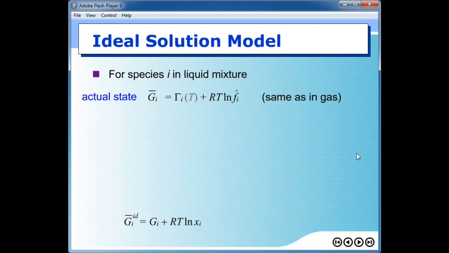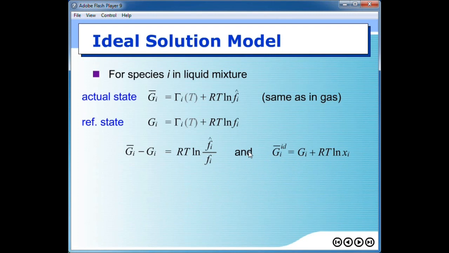Let's recall the equation that we calculated for a liquid mixture. This is the actual state of the system. Earlier, we used the reference state to be pure species, and then subtracted these two equations to get this equation, with activity on the right-hand side. Now, take the equation derived for ideal solution.